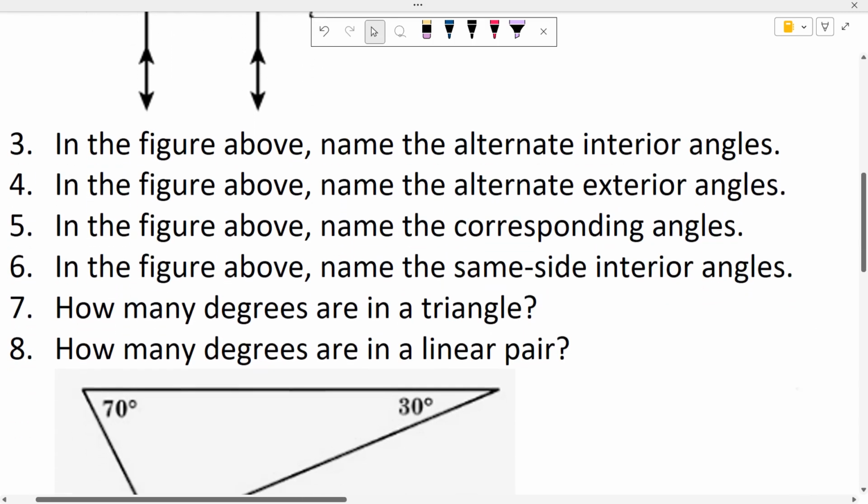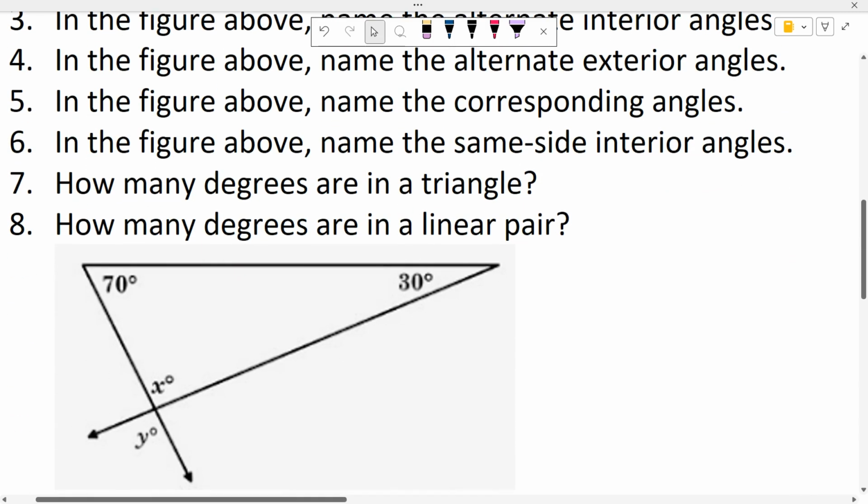How many degrees are in a triangle, Radley? 180. How many degrees are in the linear pair, Laney? 180, exactly. Because a linear pair is like this, right? And so it's part of a straight line, so they add up to 180.